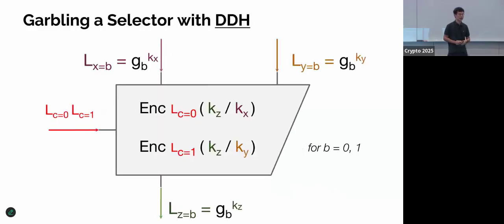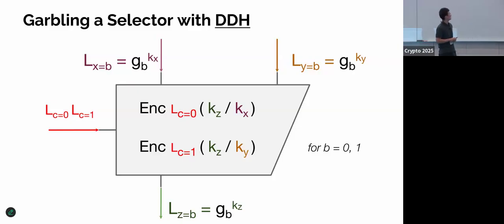Okay, so let's see first how we can garble a single-bit selector using this DDH approach. For each wire, we'll sample a different key in the exponent, but we will use a uniform g_0 for all the zero labels, and g_1 for all the one labels, for all these data wires.